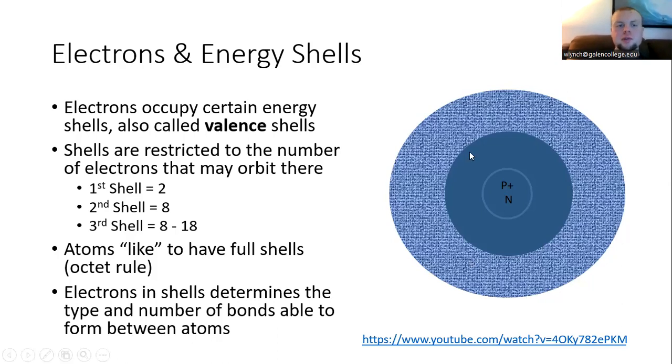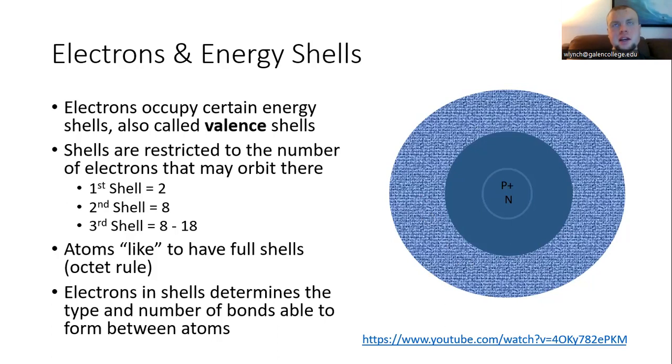Our first electron orbital, the first shell, can contain 2 electrons. The second one can contain up to 8. And our third shell can contain 8 and even more if we alter it in a chemical lab or force those electrons to stay in the orbital. Different atoms like to have what we term octets or full shells.